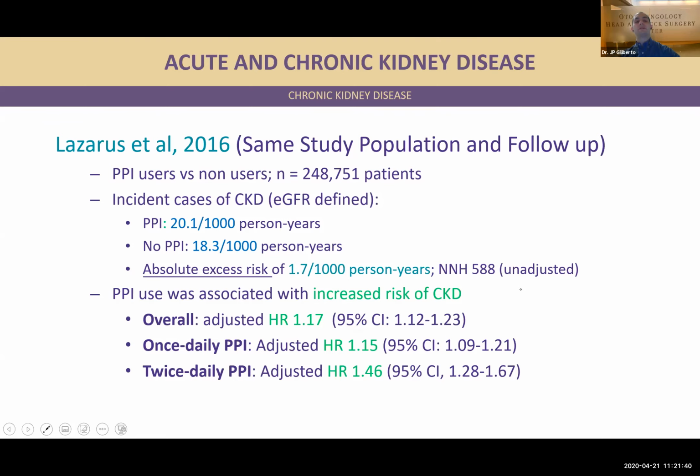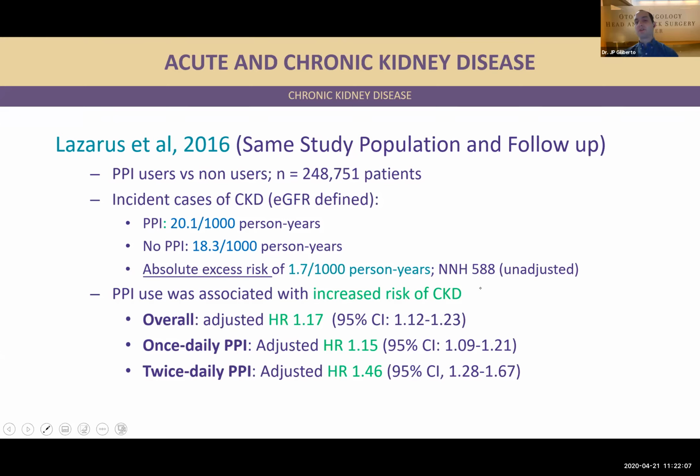You can see here that the PPI users had an incidence density of 20 cases per 1,000 patient years compared to 18.3 for the no PPIs. And if you do the inverse of this, this gives you your number needed to harm, which allows you to assess how many patients need to be given the medication.